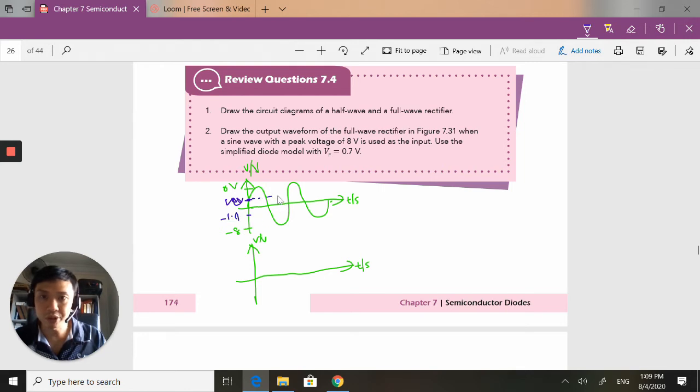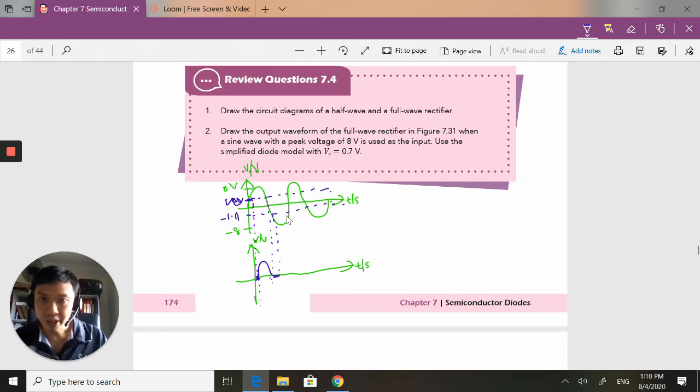So I'm going to draw my working line here and tell myself that anything below here is going to be 0. So I'm going to start with 0 here, and anything here and anything here will be 0. So I'm only going to have this portion here.